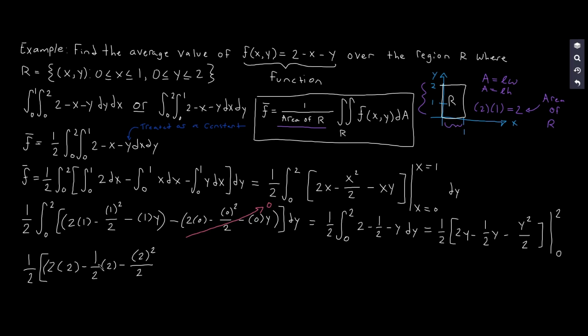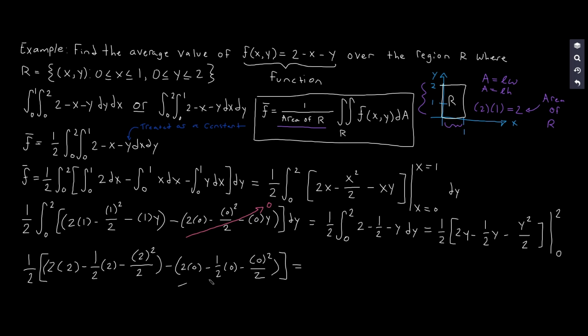And this should be parenthetical. Minus the lower bound, so 2 times 0 minus 1/2 times 0 minus 0 raised to the second over 2.